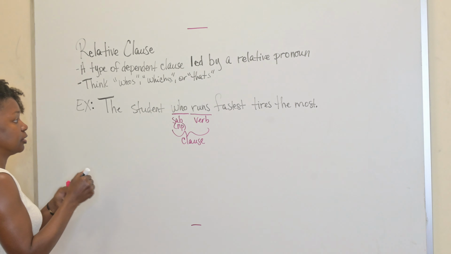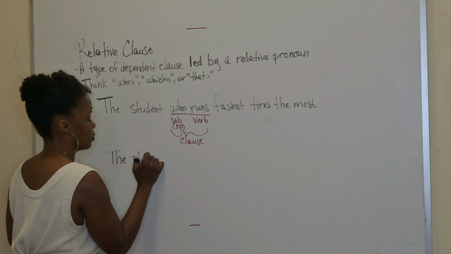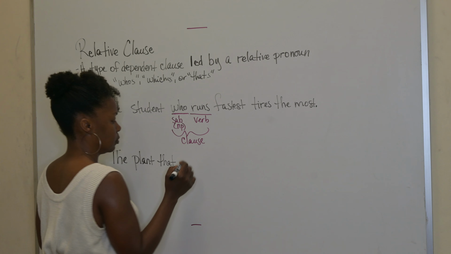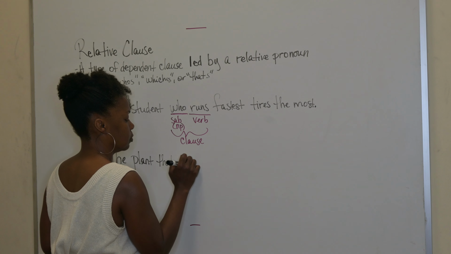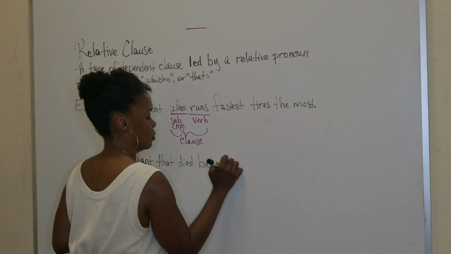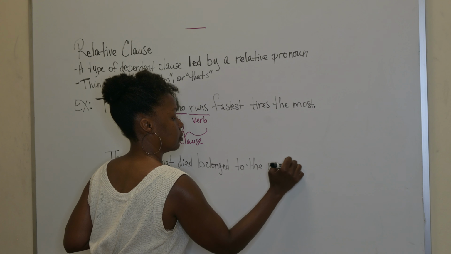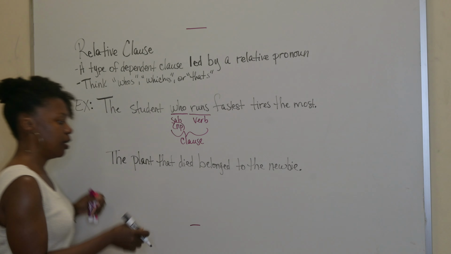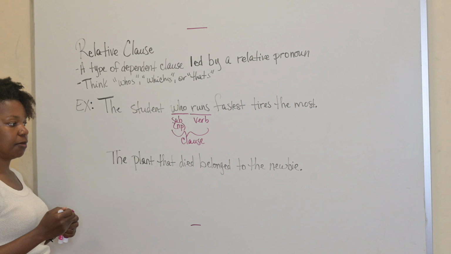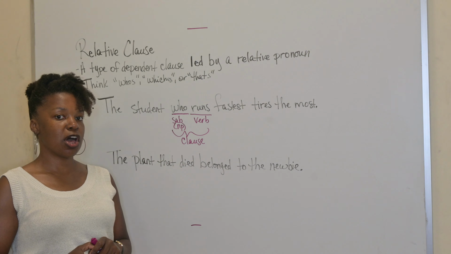Let's try another one. All right. The plant that died belonged to the newbie. The plant that died belonged to the newbie. Can you point out the relative clause?